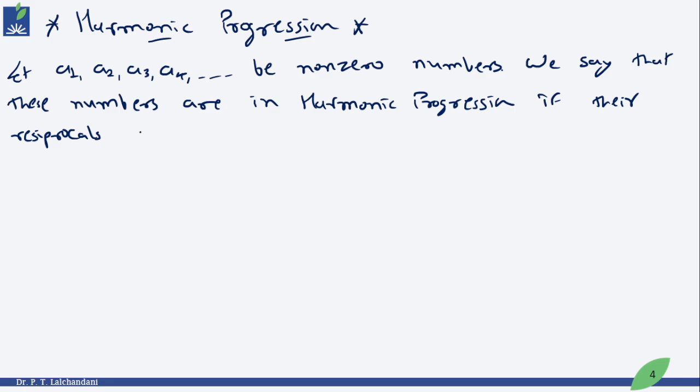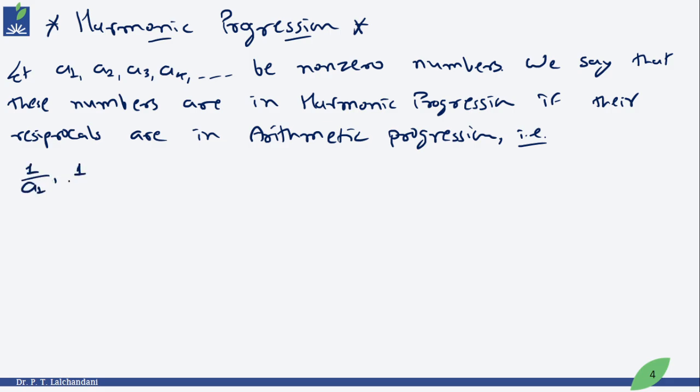If the reciprocals, that is 1 upon A1, 1 upon A2, 1 upon A3 and so on, are in arithmetic progression.